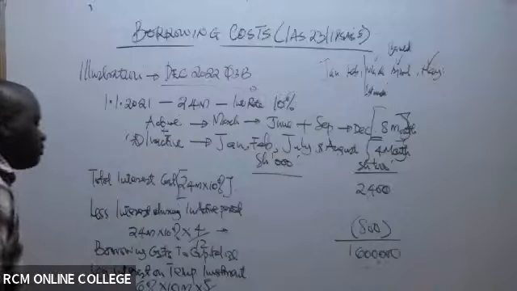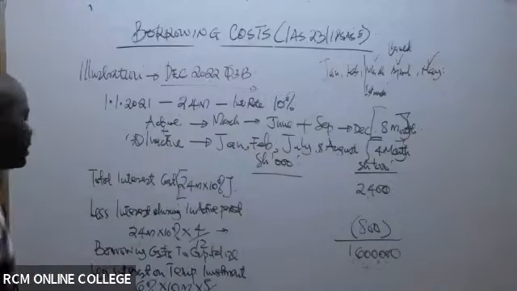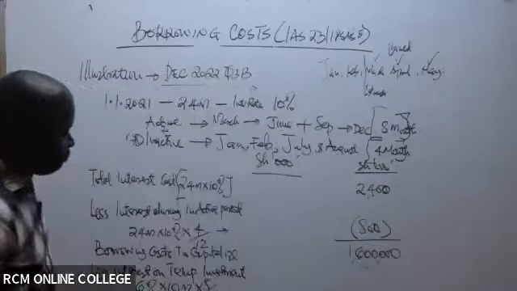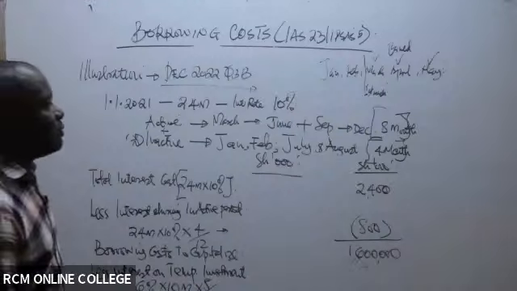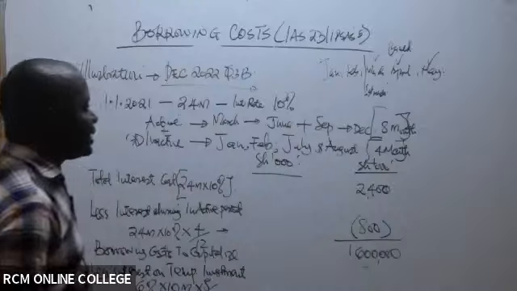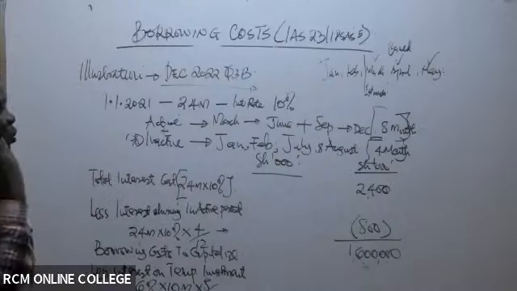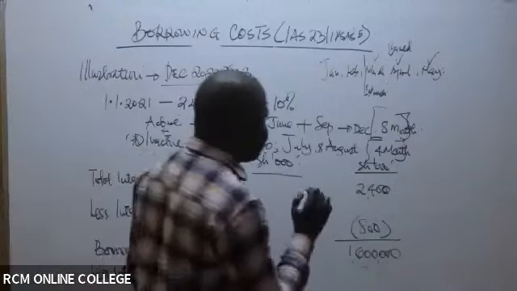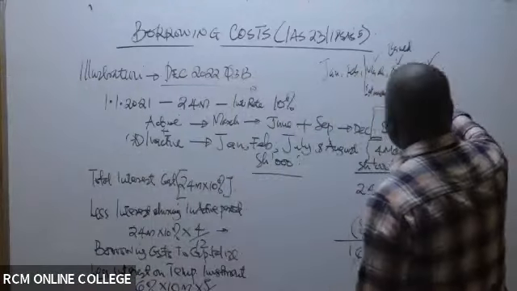But remember, we only take the period of active construction. So it won't be 5 months, it will be 3. We invested for 5 months, but we only deduct the interest earned during active construction, which is how many months? It is not 5, it is 3. Hope you are getting this point. It is 3: March, April, and May.